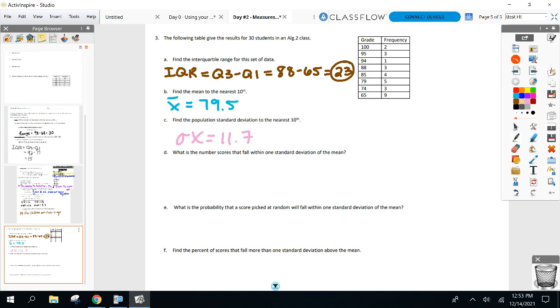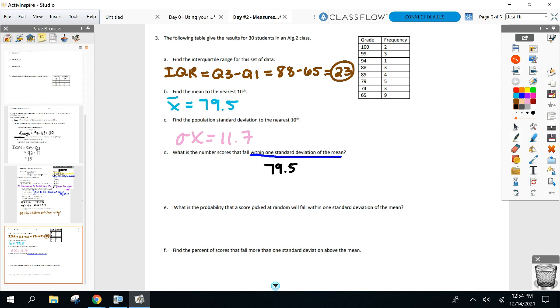All right, now we got some new stuff here. Everyone roll through those first 3. Now, I'm going to have you use the mean and the standard deviation together. How many of these scores fall within 1 standard deviation of the mean? Let's talk. What does that mean? Within 1 standard deviation of the mean. What was the mean? 79.5.